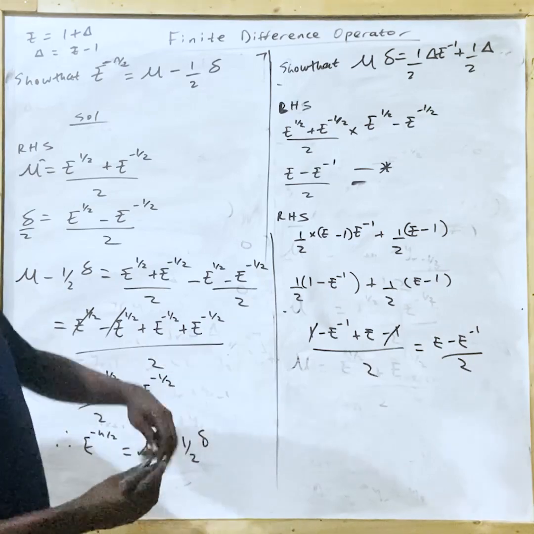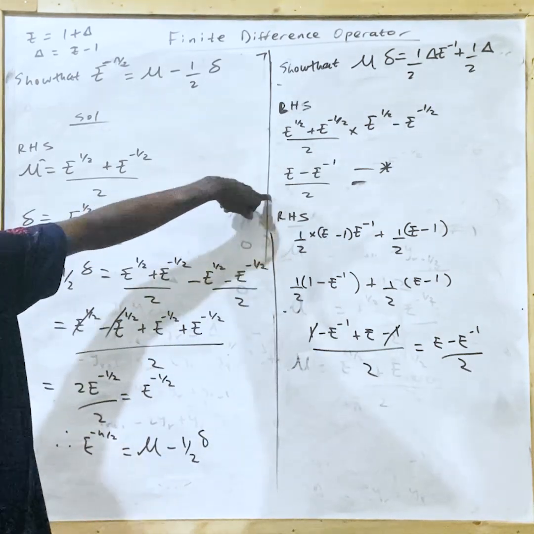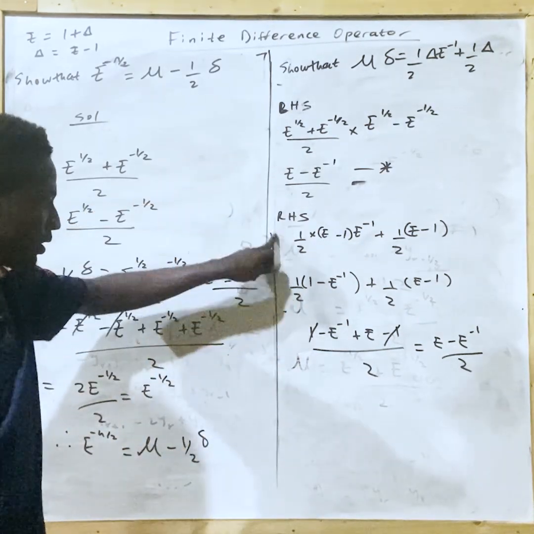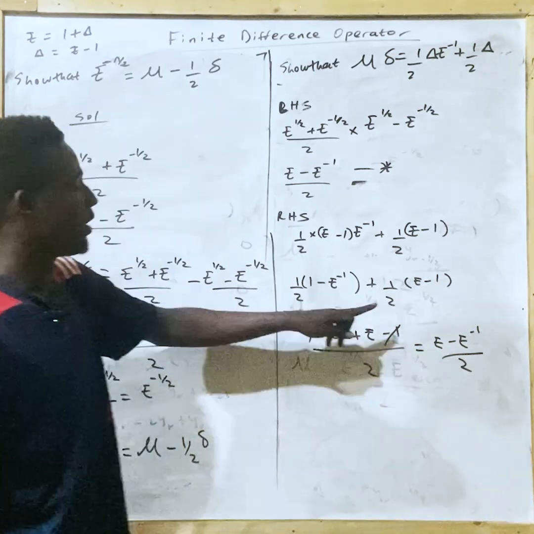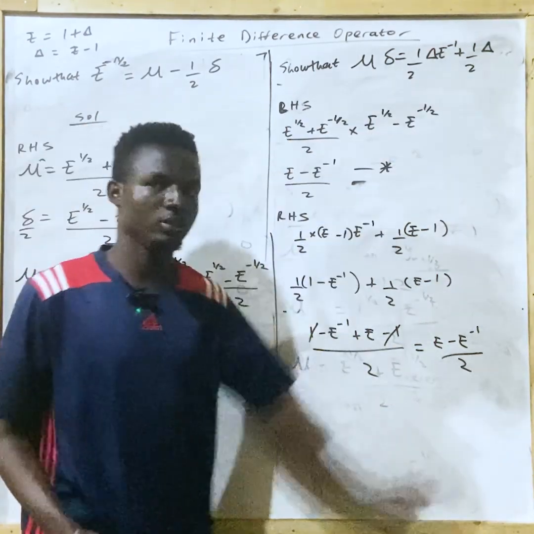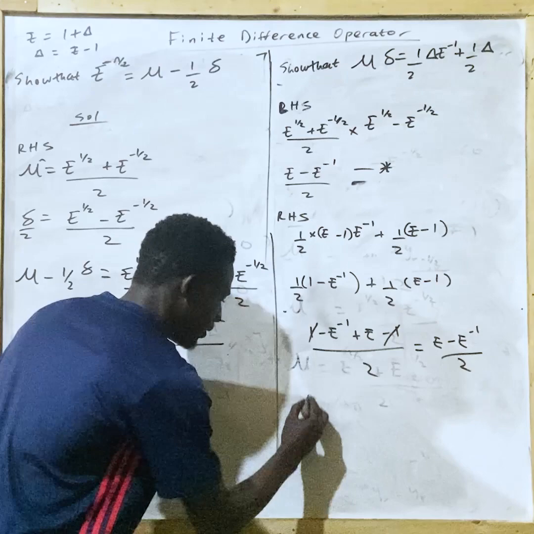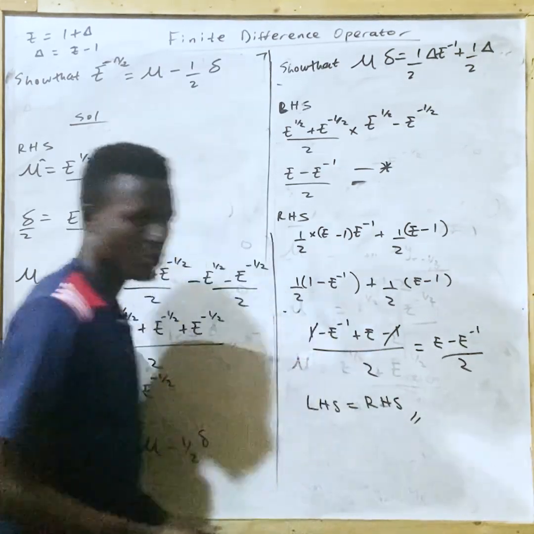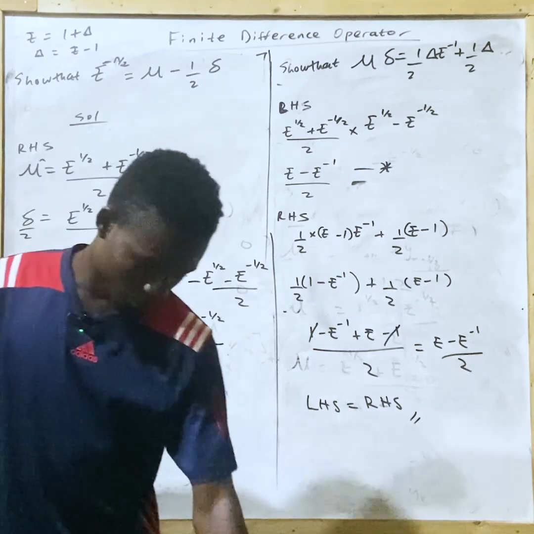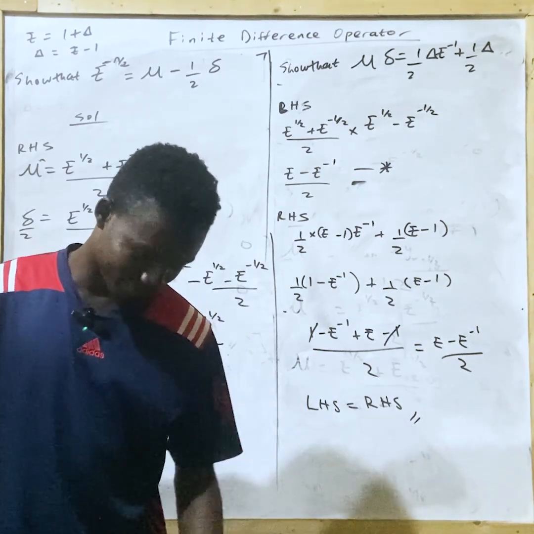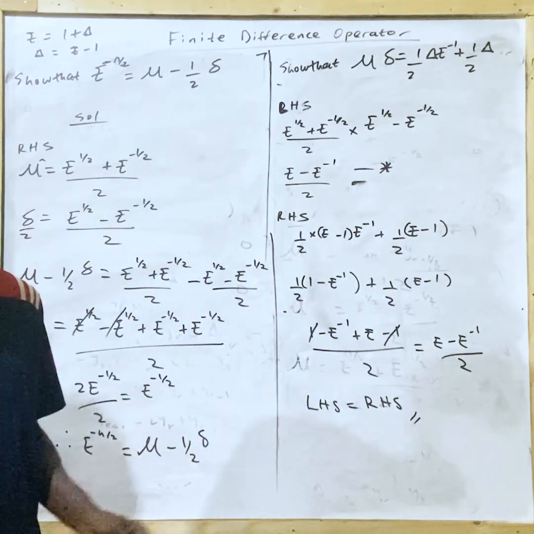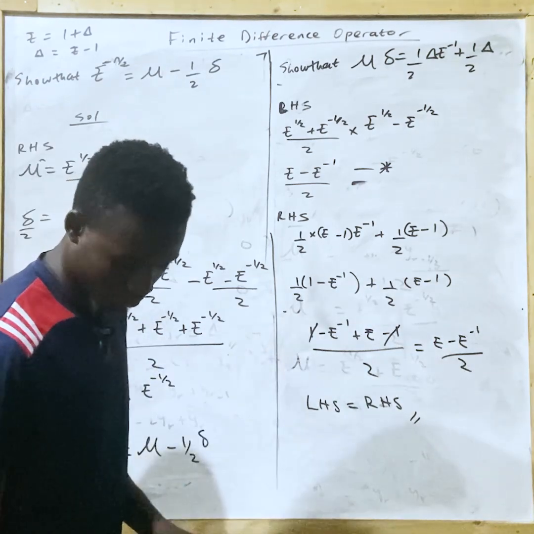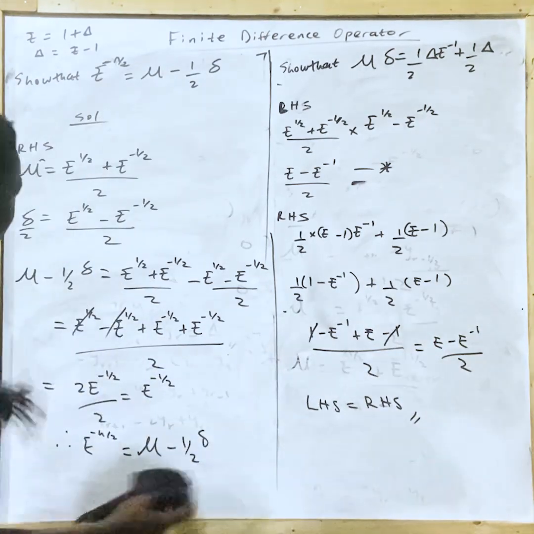So I've shown that the left hand side is equivalent to this, and the right hand side is equivalent to this. So definitely this is equal to this. Left hand side equals right hand side. Let's take two more examples and two more provings, and we'll wrap it up. So let's see.